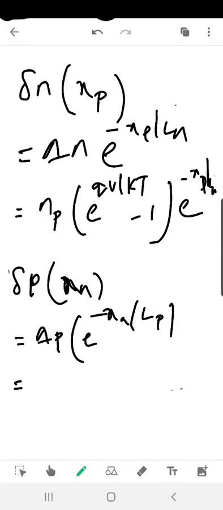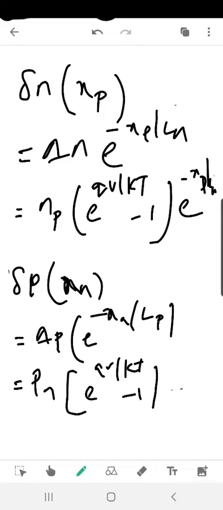The value of delta p becomes Pn times e raised to the power qV divided by kT, minus 1. This was the value of delta n, and this was the value of delta p. And delta p has another term in multiplication, so we multiply by e raised to the power minus xn divided by Lp.